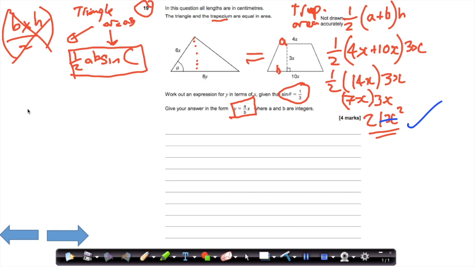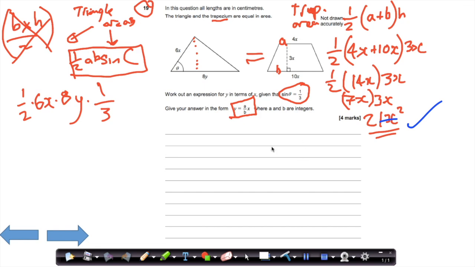So we can do a half multiplied by 6x multiplied by 8y, so we could do a dot to signify that, multiplied by sine c, sine of that angle. Well, we're told sine of that angle is a third, so actually multiplying that by a third. If you just wrote that, that is worth 1 mark.